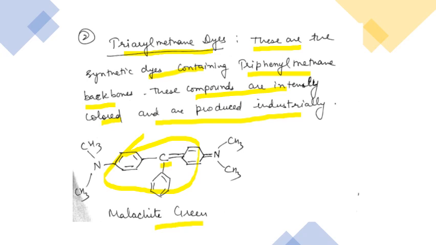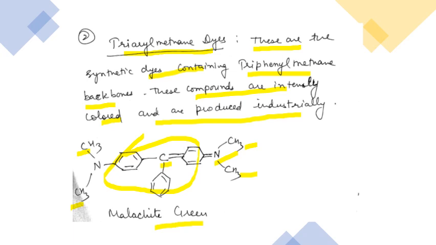And this nitrogen has two methyl groups, alkyl groups, attached to it, and it is also attached to the next aromatic ring. Nitrogen with the alkyl group gives the oxochromes, which are the color enhancing groups.